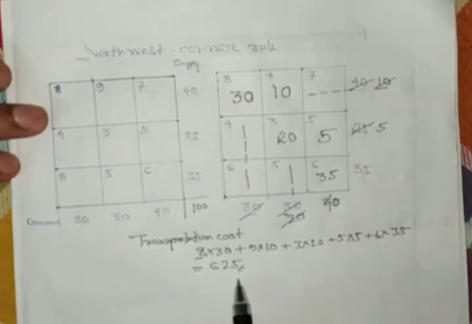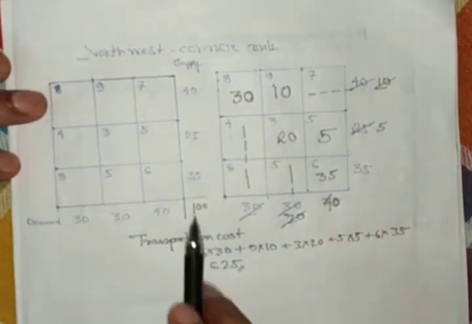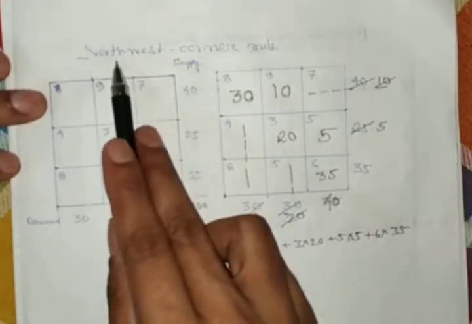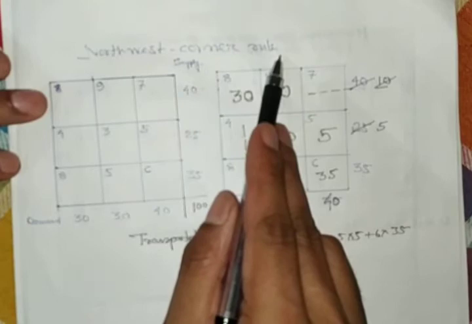So 625 is the cost of this transportation table by using northwest corner rule.